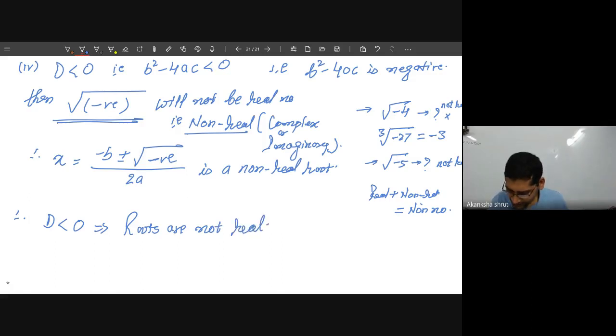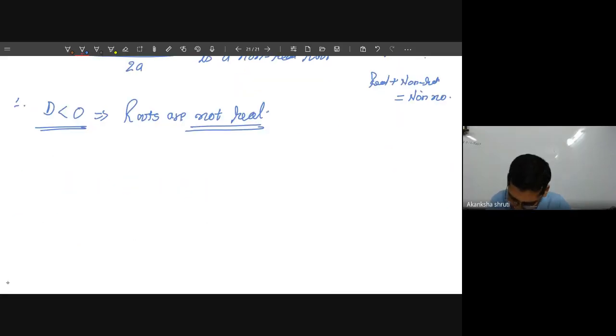So non-real has only one condition, that it is less than 0. But what about the real? So let me summarize all those things. Students, we are summarizing the roots.